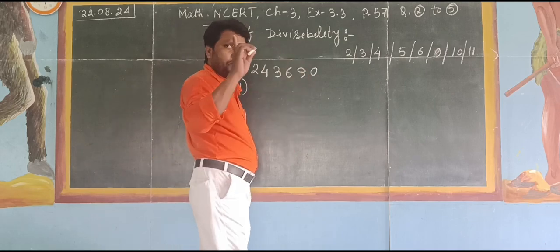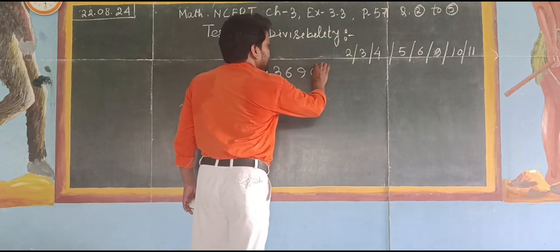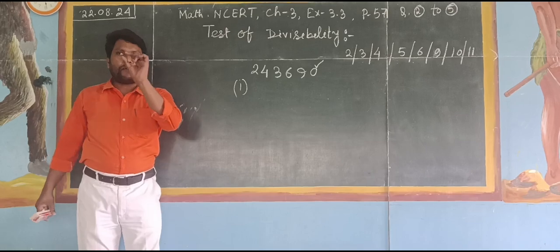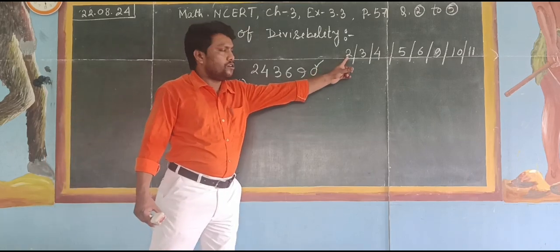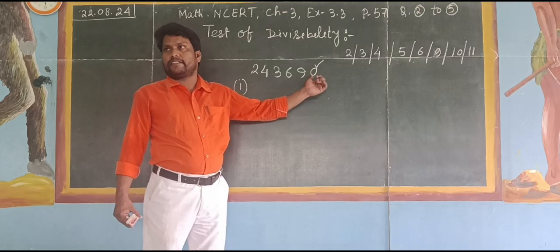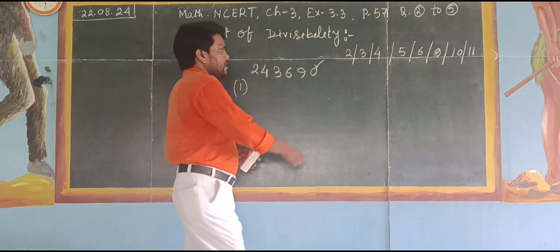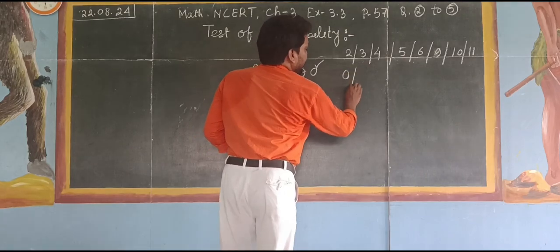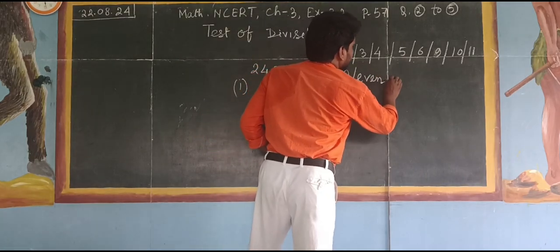Look, number 1 property. Look at the ones place. What is the property? Number 1, divisible by 2. Look at the number in ones place.